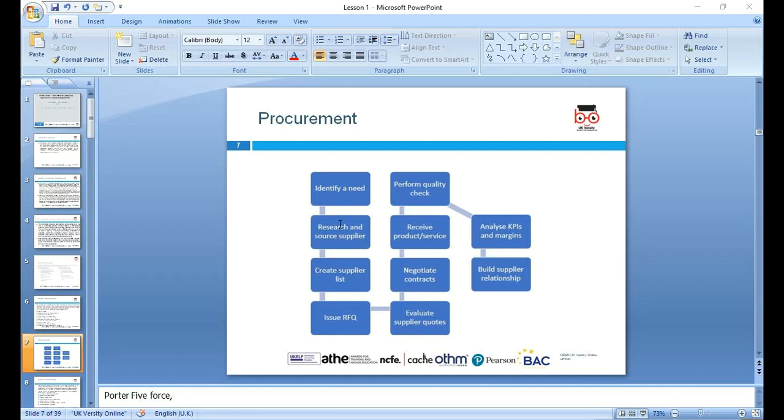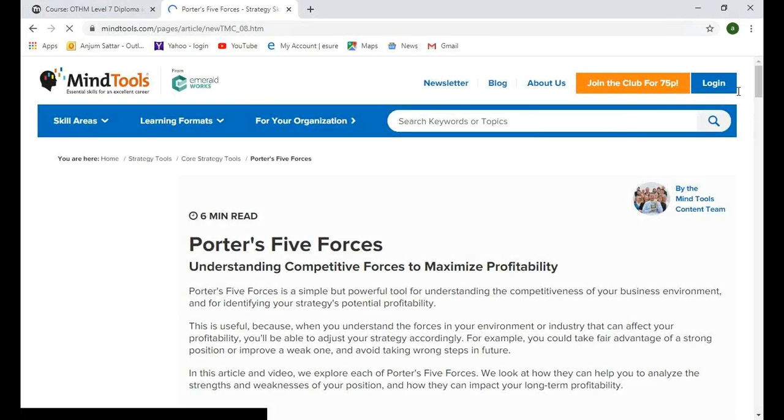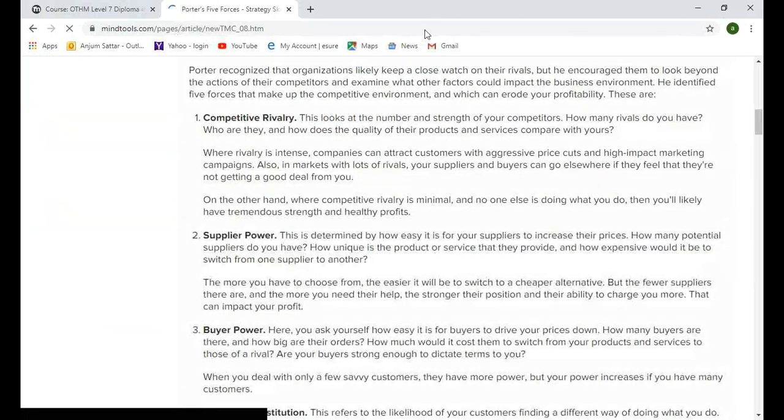So with Porter 5 forces, we need to look at the supplier. Porter is Michael Porter. He gave the theory called the 5 forces. And these forces are very crucial from a supply chain management point of view, so we can look at the Porter 5 forces as well.